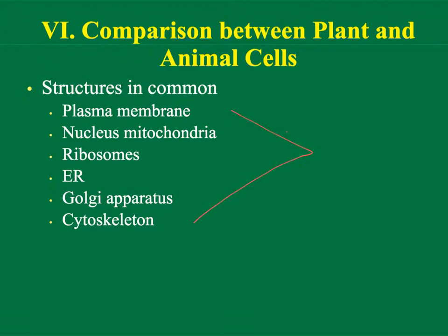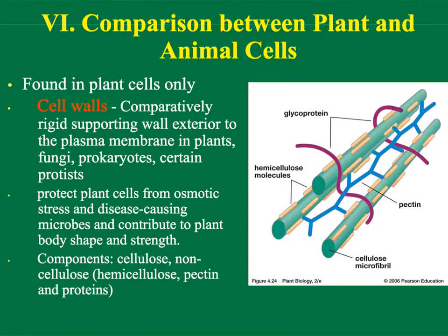Most of you have had 121, so you're really familiar with what these things are, and it's also in your textbook. But once again, for testing and for activities and things, we're really going to focus in on the characteristics that are found just in plants.